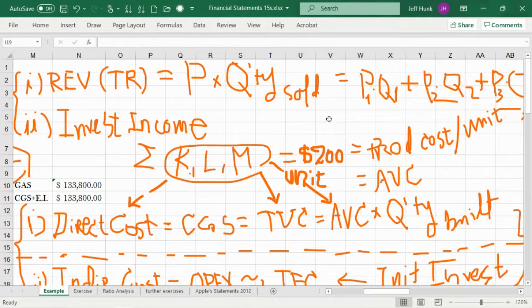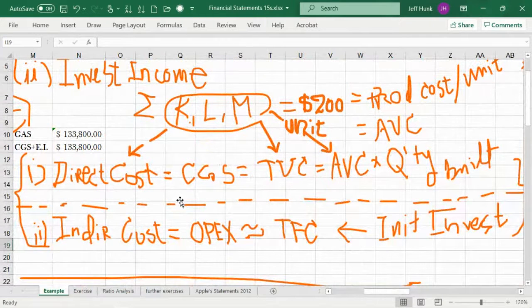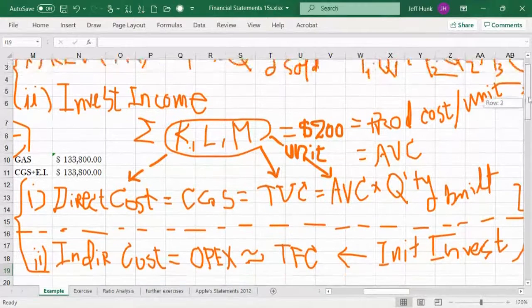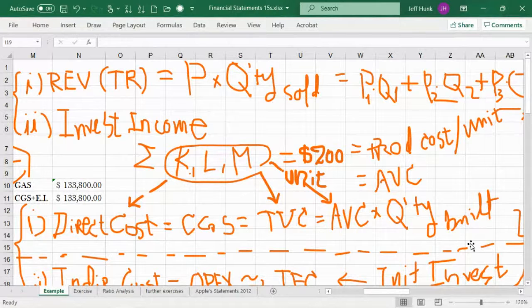So in other words, we can express revenue as a linear function of quantity, and also direct cost, or total variable cost, as a linear function of quantity. The only difference is this one is quantity sold and this one is quantity built. Think about it.